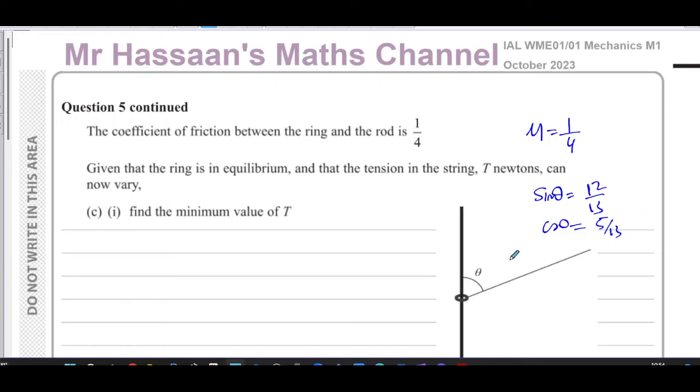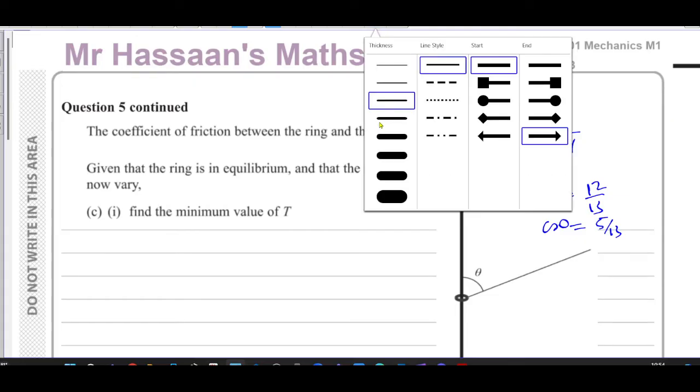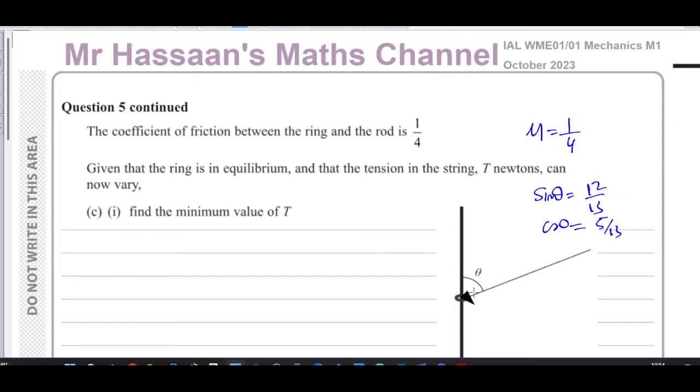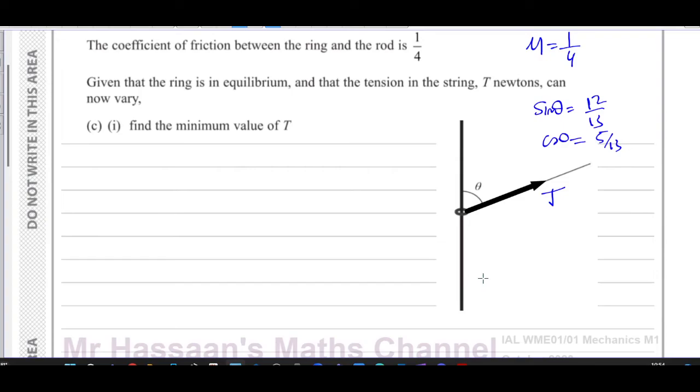It says, given that the ring is in equilibrium and that the tension in the string, T newtons, can now vary. So now we have a tension in the string which is not 10. It can change. We have the weight of the ring, which is still the same.